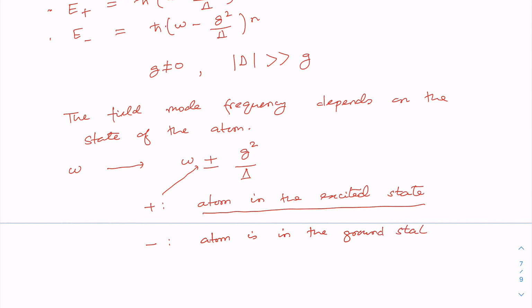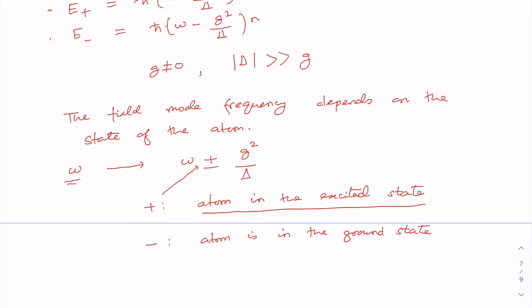That means if you measure the field frequency and it is lower than the original frequency of the field mode, then you will automatically know that the atom is in the ground state. So this is a very useful tool to determine the state of the atom without making any measurement directly on the atom. It is a very useful spectroscopic tool, and it is nowadays routinely used in circuit quantum electrodynamics.